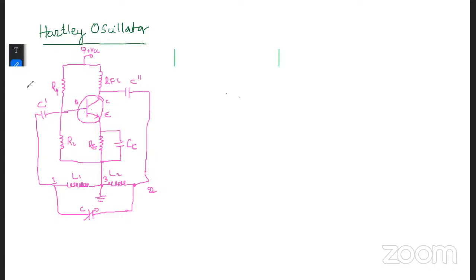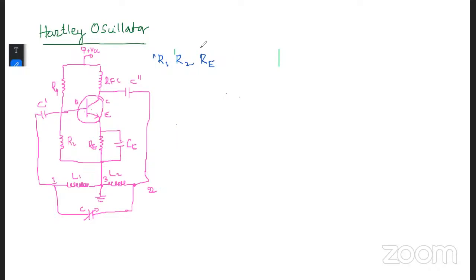Now we'll discuss the circuit diagram, then we'll move to the frequency of oscillations which we can obtain here. In the Hartley oscillator circuit diagram we have drawn, we have the resistors R1, R2 and RE.